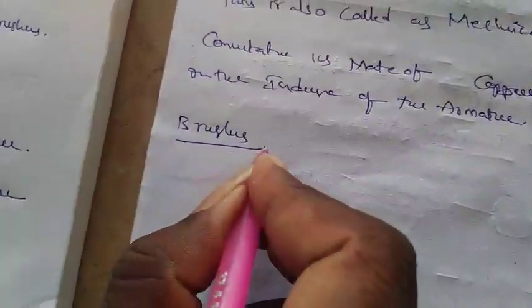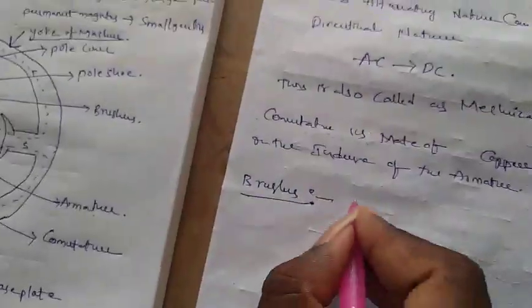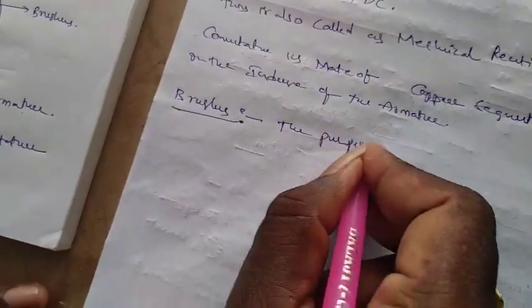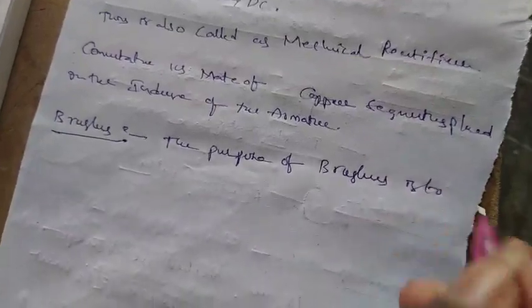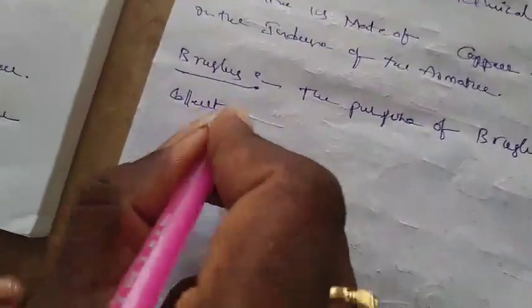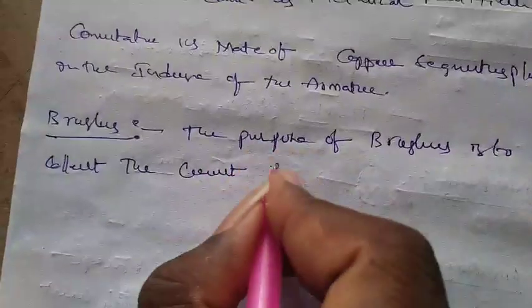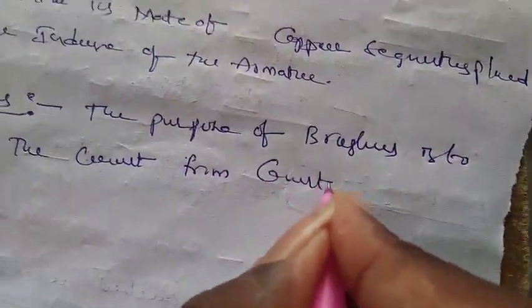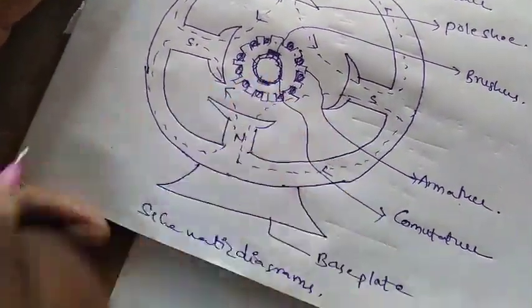Next, brushes. The purpose of the brushes is to collect the current from the commutator. Here I am indicating two brushes. Every machine has brushes.